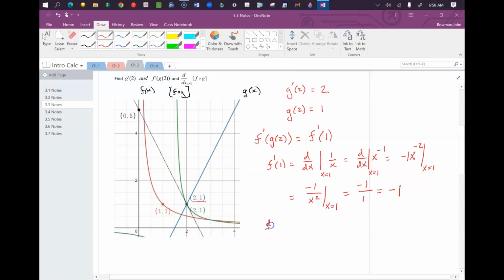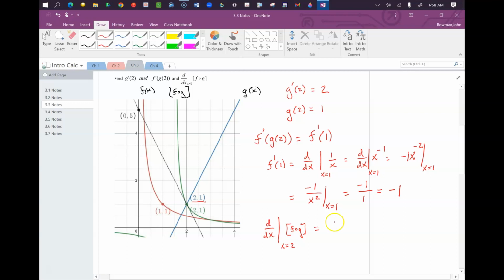The next thing we're going to do is find the derivative of f of g at x equal 2. As you can see, the dotted line is the tangent to f of g at x equal 2, so we basically just need to find the slope of that.